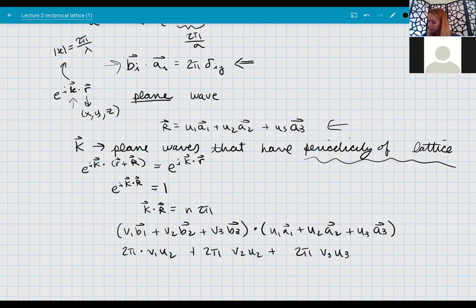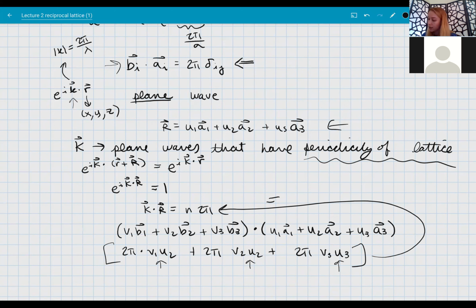So this expression right here is indeed equal to an integer times 2 pi, because each of the prefactors with the 2 pi's is just an integer times an integer. So everything here is only integers times 2 pi.